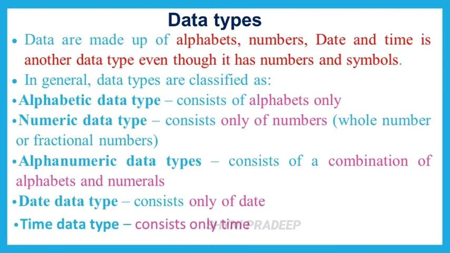The alphabetic data type consists of alphabets only. Numeric data type consists of only numbers, which means whole numbers and fractional numbers. Alphanumeric data type consists of a combination of alphabets and numerals. Date data type consists of only dates and time data type consists of only time.